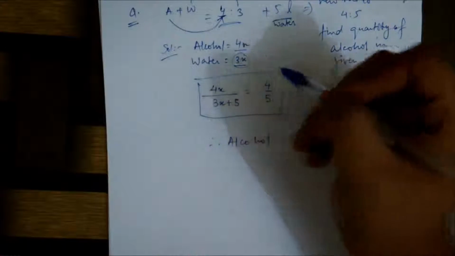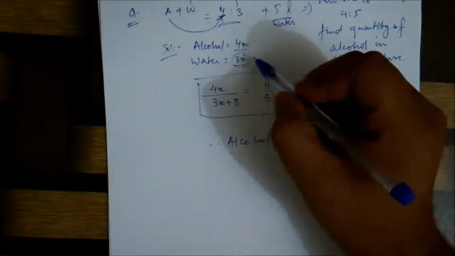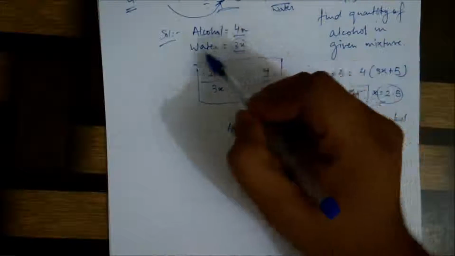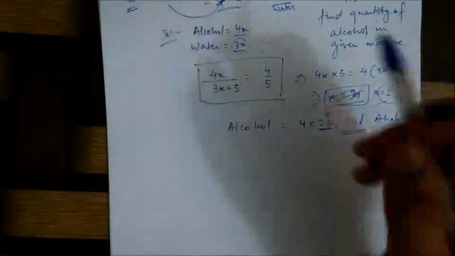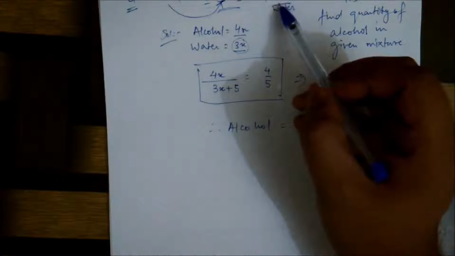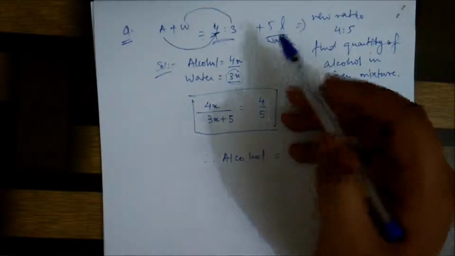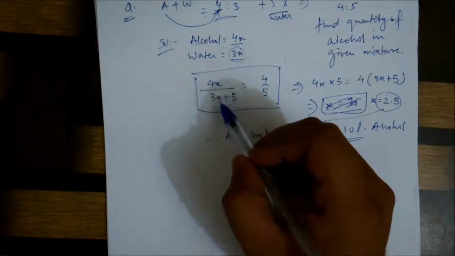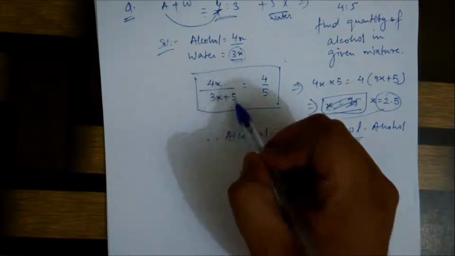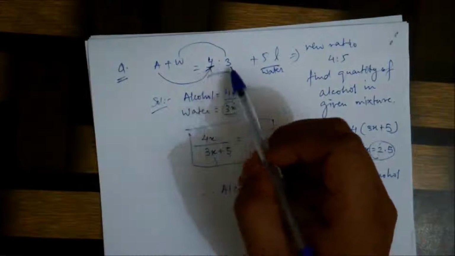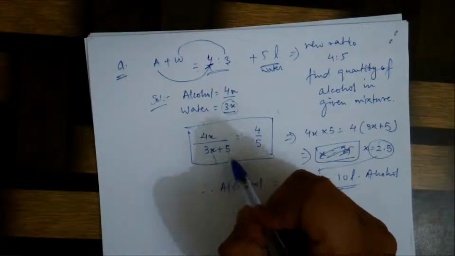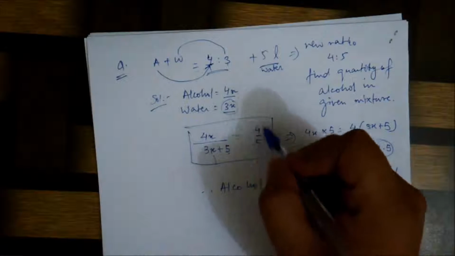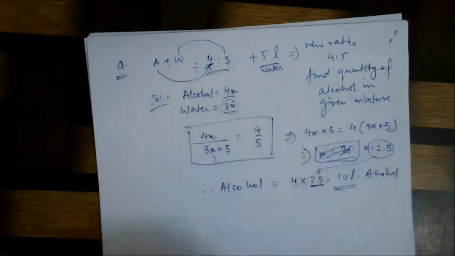So now we know that alcohol is 4x and water is 3x. According to the question, we add 5 liters of water. So we'll write this in fraction form, that 4x by 3x, and we add 5 liters to the water because water was 3x, right? So the new ratio will be 4 by 5.